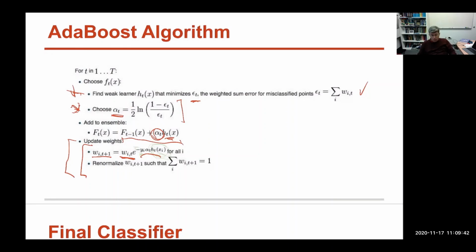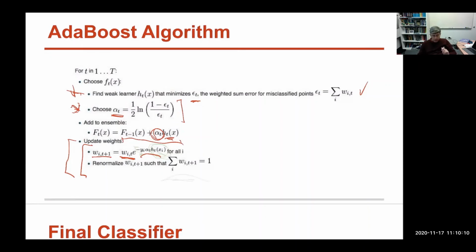That will decrease the weight of the point. If the exponent is positive, we increase the weight of the point. Basically, we will increase the weight of the point from what it currently is if we misclassify it with the new classifier. We will decrease the weight if we got it right, and then we renormalize the points.